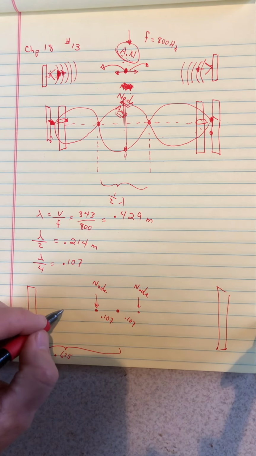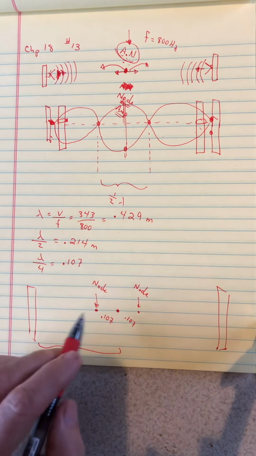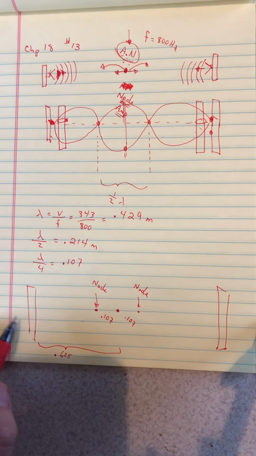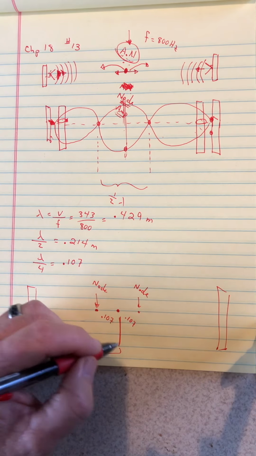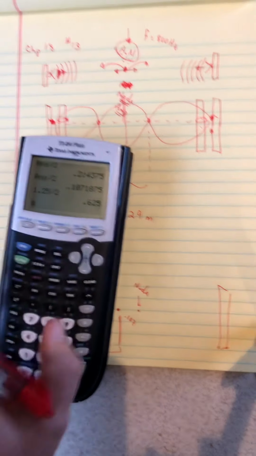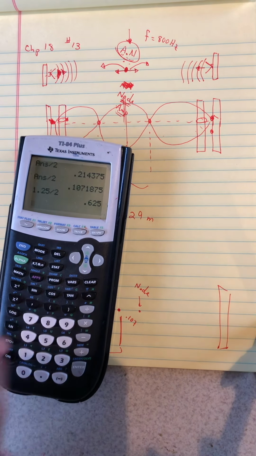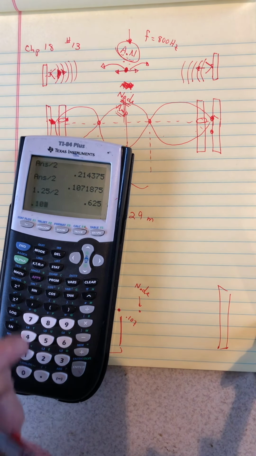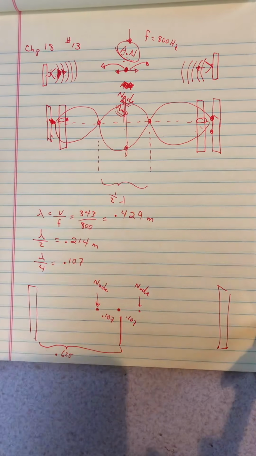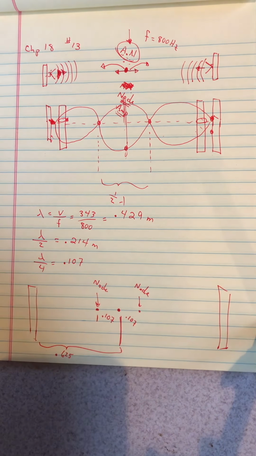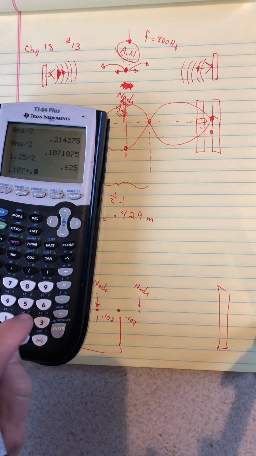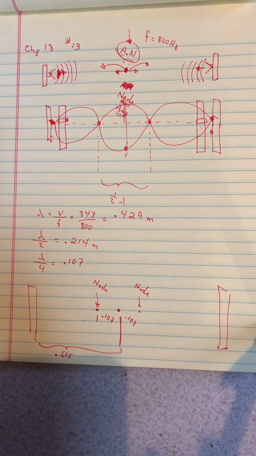So each node is another half wavelength, but I'm not going to be able to keep going forever because I'm eventually going to run out of space. All right. So let me then take this quarter wavelength, 0.107, and so that's from here to here, okay, and let me add a 0.214.